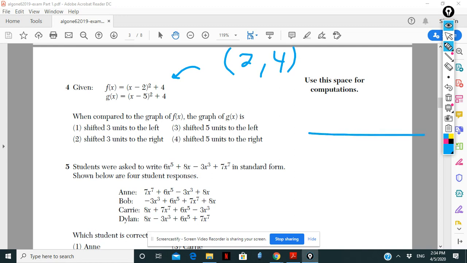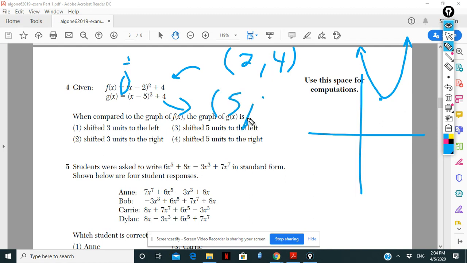The vertex is going to be (2, 4), and the a value is positive, so it's drawing up. Now for this one, (x minus 5) squared plus 4, so it's (5, 4). So I go 2, 3, 4, 5 here, and 4, and I do the same graph.